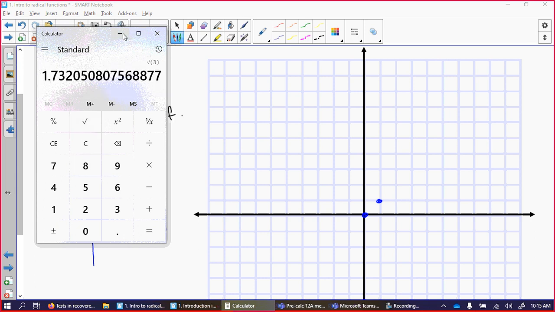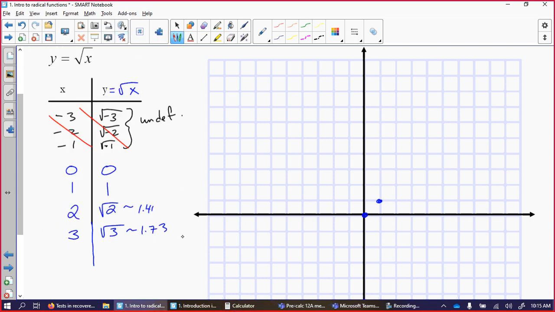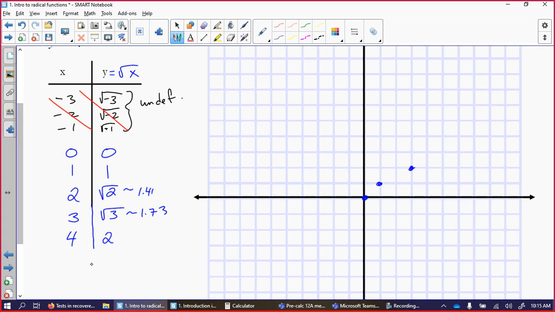Awesome. I don't want to plot that because both of those are irrational. They're hard to plot. Oh, 4. What's the square root of 4? Well, I know that is 2. 1, 2, 3, 4. Up 2. 5, 6, 7, 8. Those are all kind of ugly. 9. 1, 4, 9.